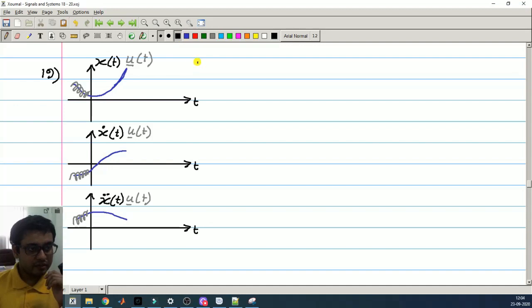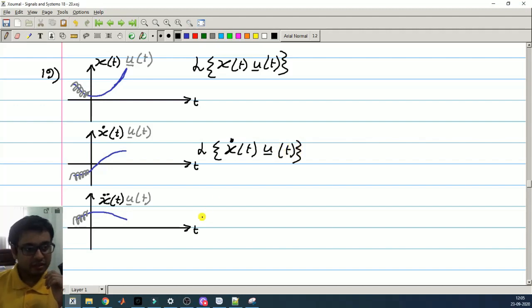Now you may calculate the Laplace transform of x t u t. Here Laplace transform of x dot t multiplied with the step signal, and here x double dot multiplied with this step signal.